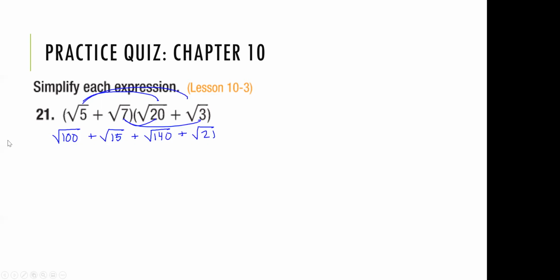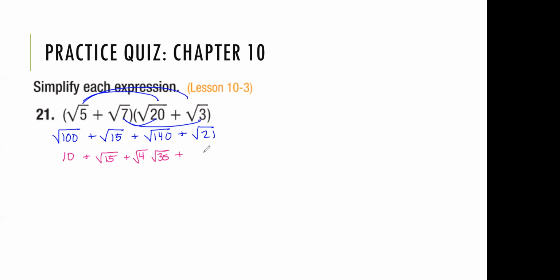Then what we're going to do is try to simplify as much as possible, okay? So we've got radical 100, well that's 10. Radical 15 does not have a perfect square factor, so we leave it as radical 15. 140 does have a perfect square factor of 4. 4 times 35 is 140.